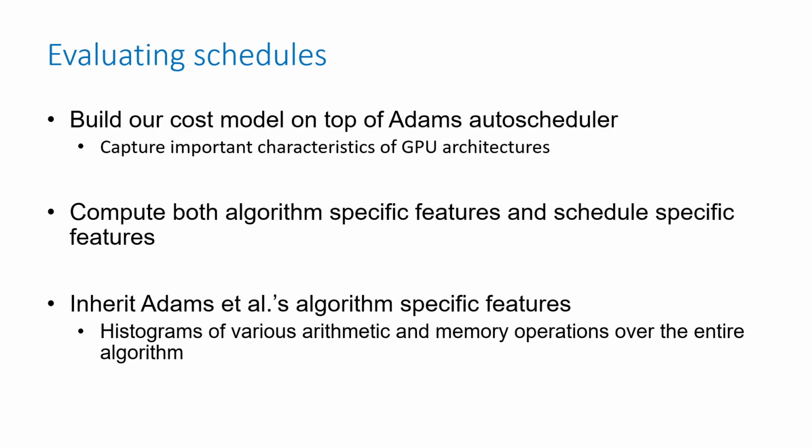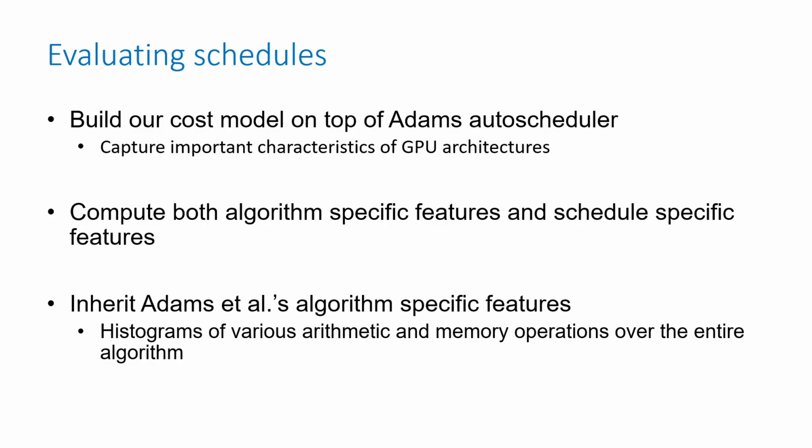Now we go to the section on evaluating the schedules. This is for the cost model. The beam search algorithm is going to use the cost model to determine which are the most promising scheduling primitives to attach to the existing scheduling primitive chains. So the search of the beam search depends on this cost model, and it's based on features.